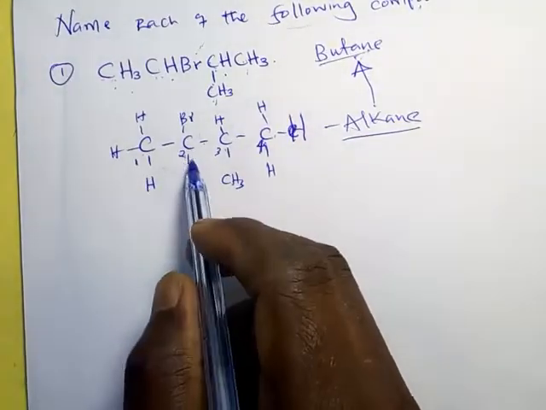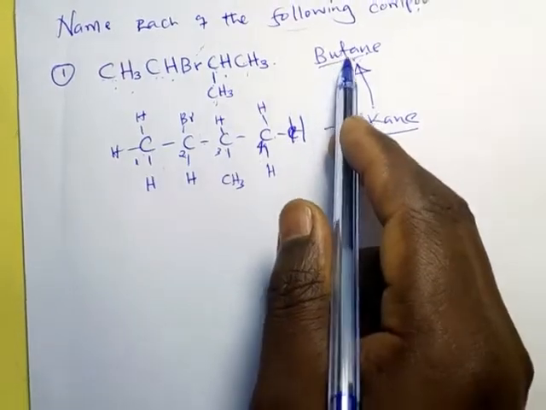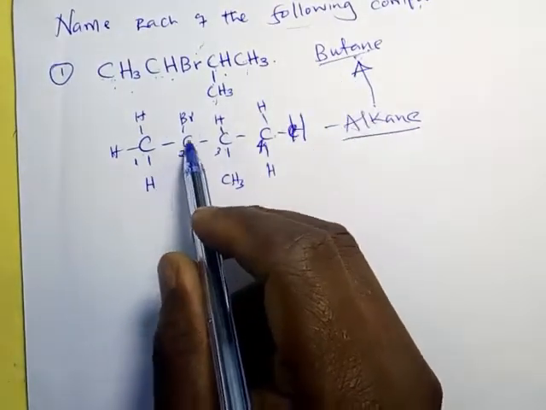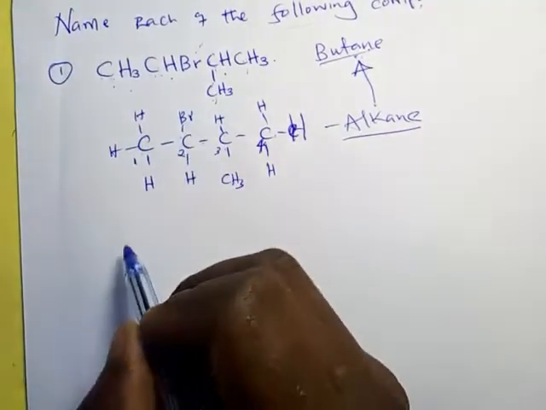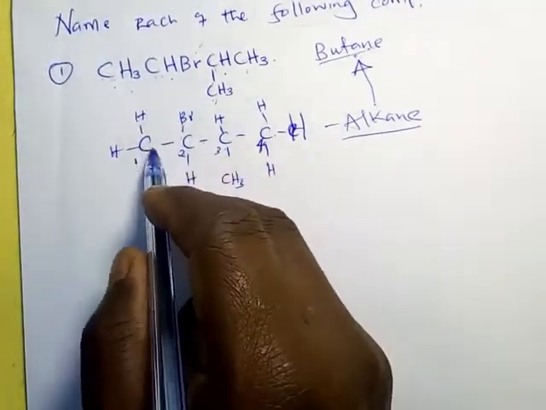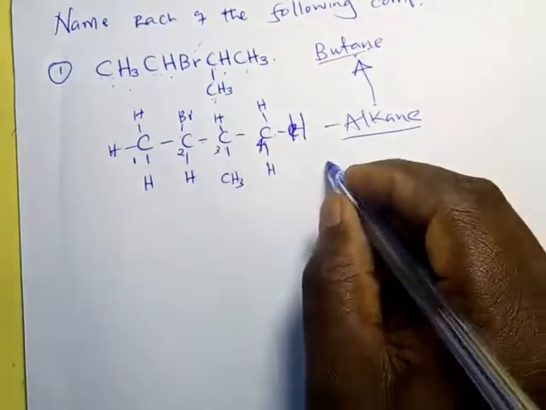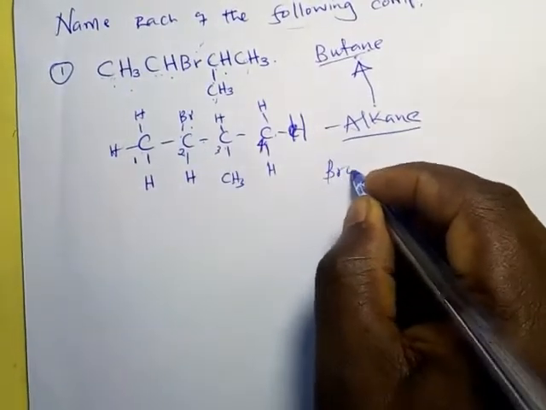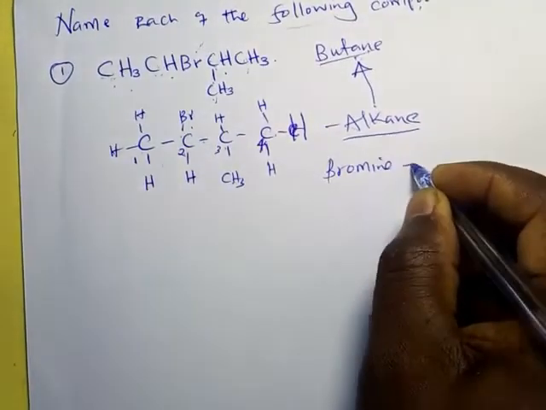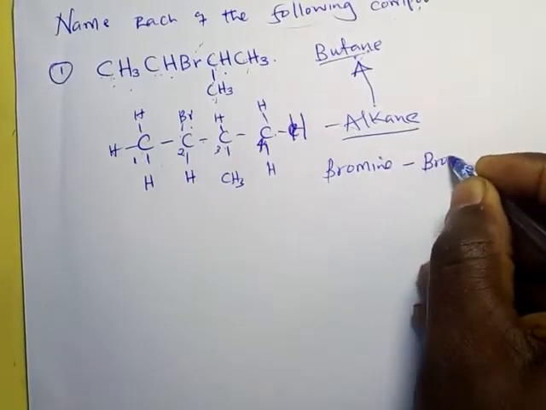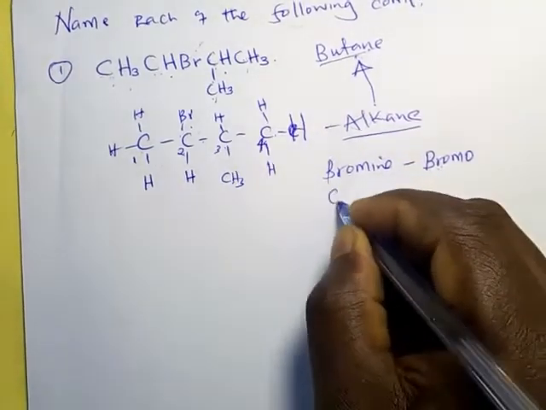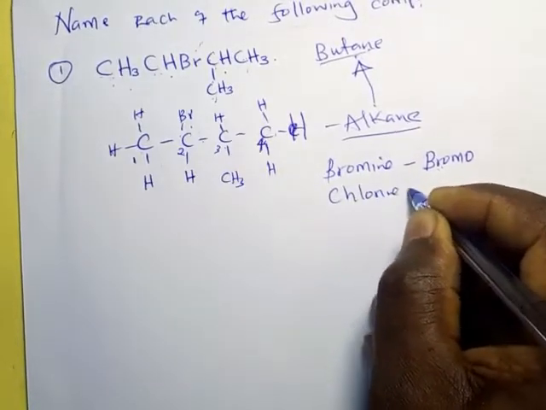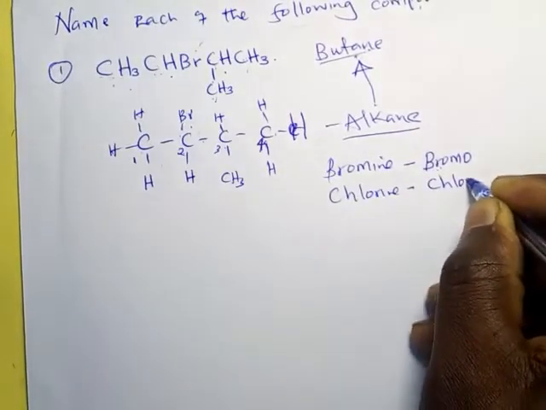Now that we have the parent name, we can give the substituent groups their names. When the compound contains bromine, we say bromo. We start the word for the halogen as bromo. If it is chlorine, we use chloro.